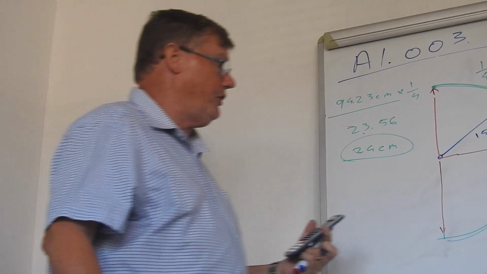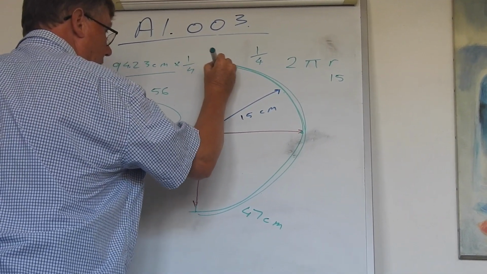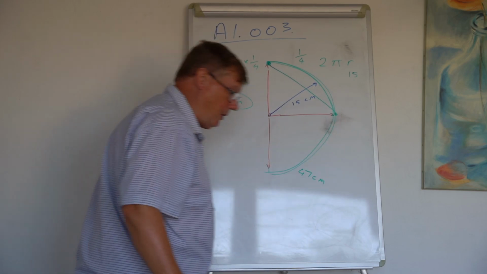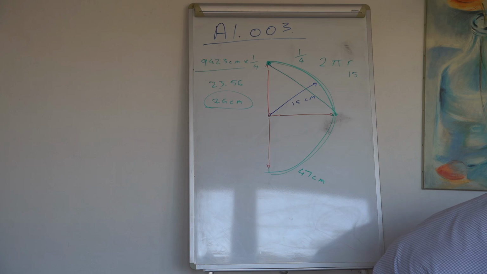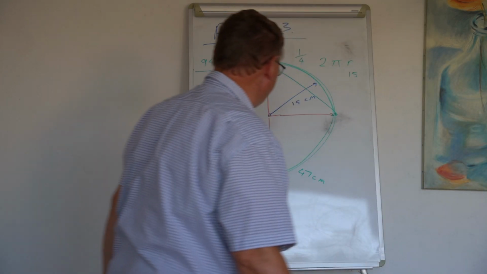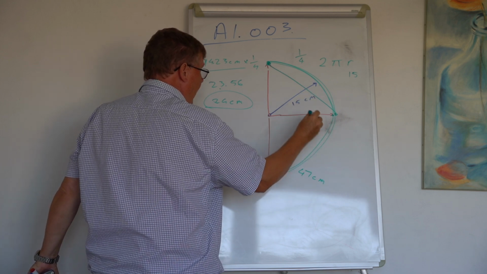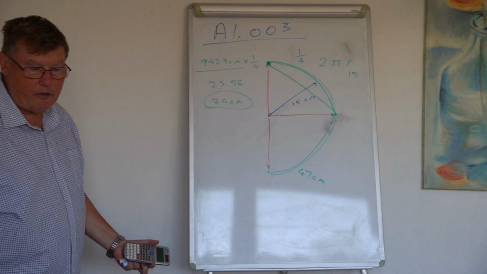The second part of the question is displacement. What they want to know is, in a straight line, what is the distance from there to there? The minute hand has gone from the hour to 15 past. The displacement is the distance in a straight line from there to there. What have we got here, everybody?